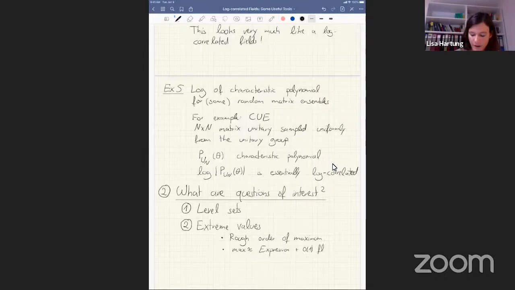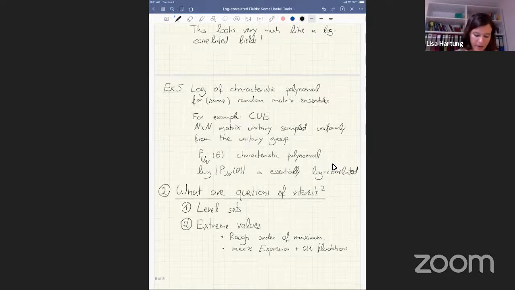By expression, I mean that it should be a non-random function that only depends on the size of the system. So you can say, I don't only want to know the rough first order of the maximum, but I want to know it very precisely. And if I know it very precisely, I can even ask, can I describe all particles, or all sites, that are close to the maximum?